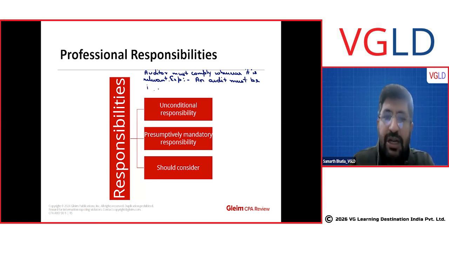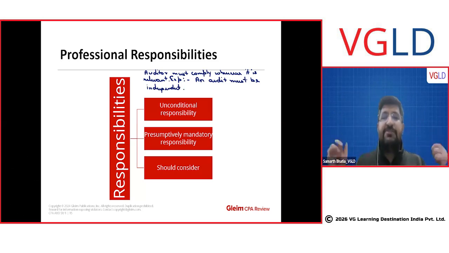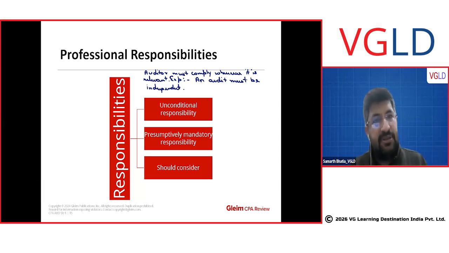There must be no condition for that case. We can't say if an auditor is not independent, he can do an audit in this particular scenario. No, an auditor must be independent in all the scenarios. If an auditor is not independent, he or she can't do an audit. It's a mandatory requirement. It's an unconditional requirement and every auditor has to follow it.